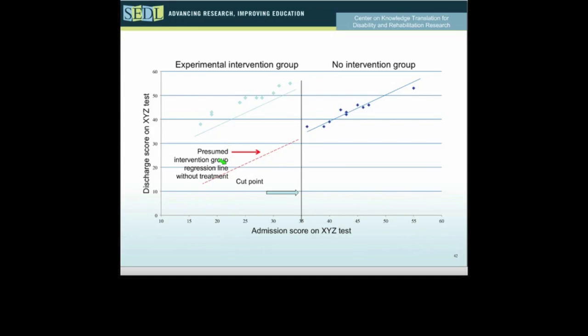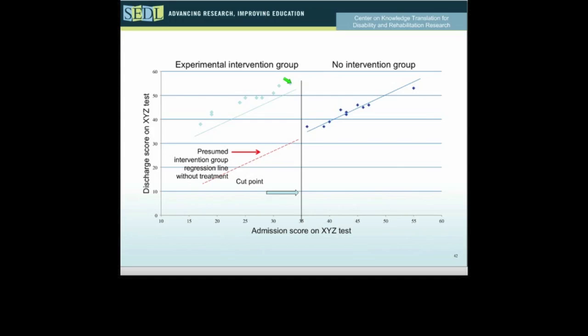These patients should be here, along the same regression line as the non-treated patients, but all of a sudden they all shoot up here. Well, there's only one explanation for it. It's the treatment. And nothing much you can come up with explains why these people all of a sudden, 2 weeks later, are so much better, other than the treatment.